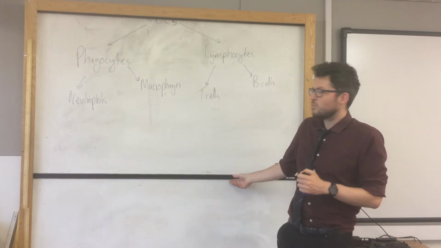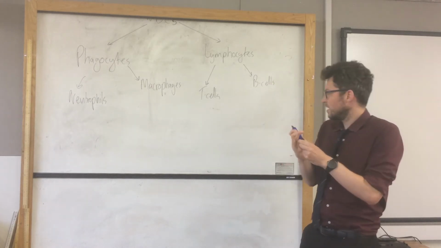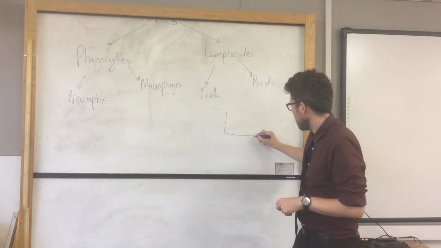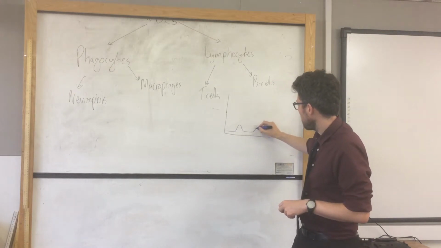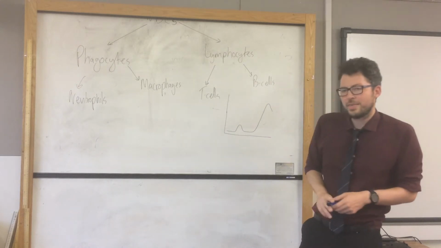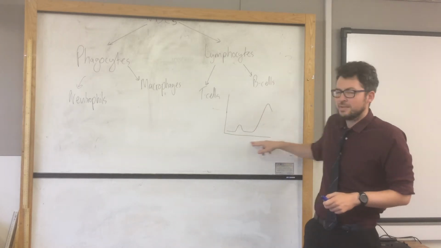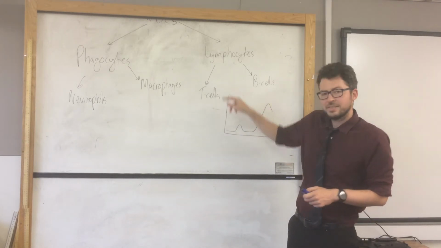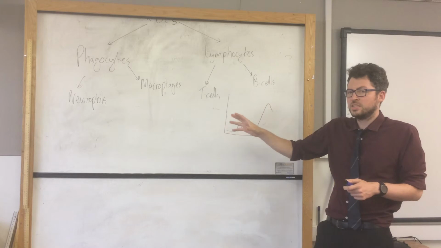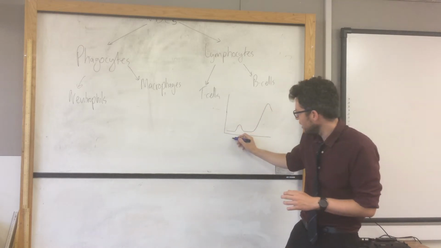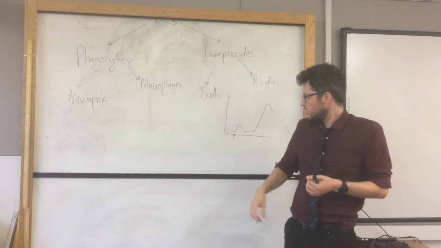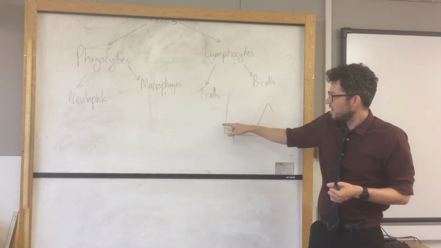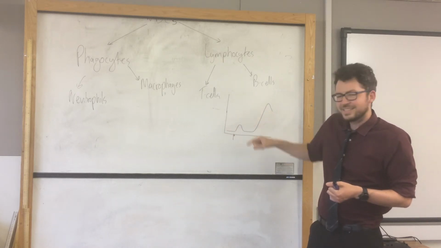So you may have seen a graph that looks something like this. With the x-axis meaning time, the y-axis meaning the concentration of antibodies in the blood. So we could say that at this point here, that could be the point of an initial infection. So if you're infected by a pathogen, the initial response isn't that great.